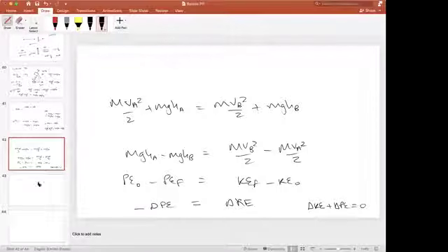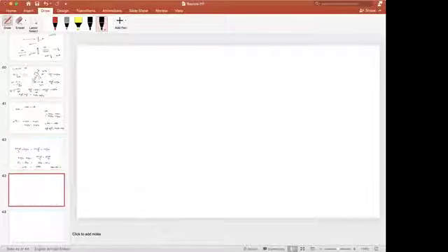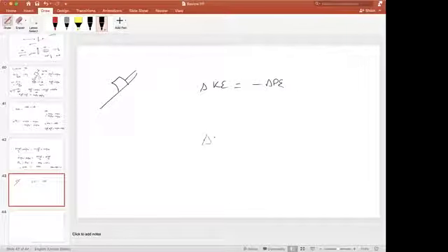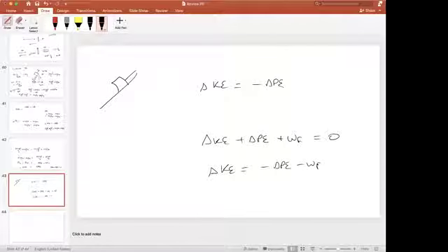So back to this problem with the guy with the rope and the block, we have that the kinetic energy change is the negative of the potential energy change, but we also have some force. So delta KE plus delta PE plus the work done by this force have to equal 0. And that means that the kinetic energy change is equal to negative delta PE minus the work of this force.